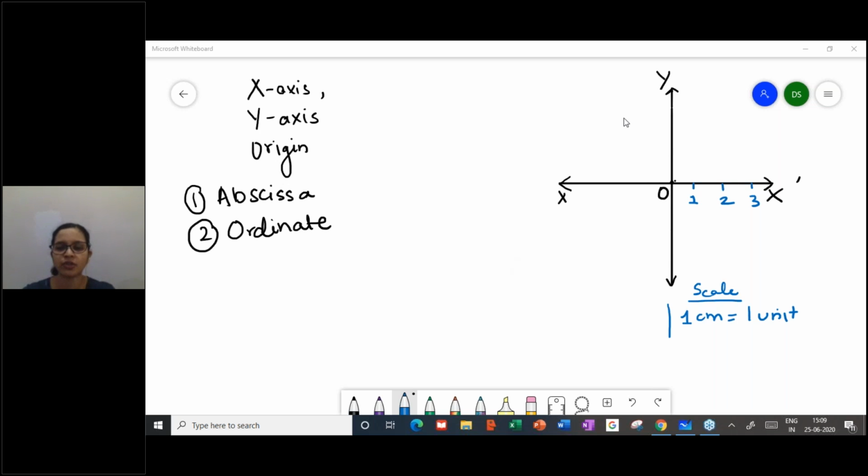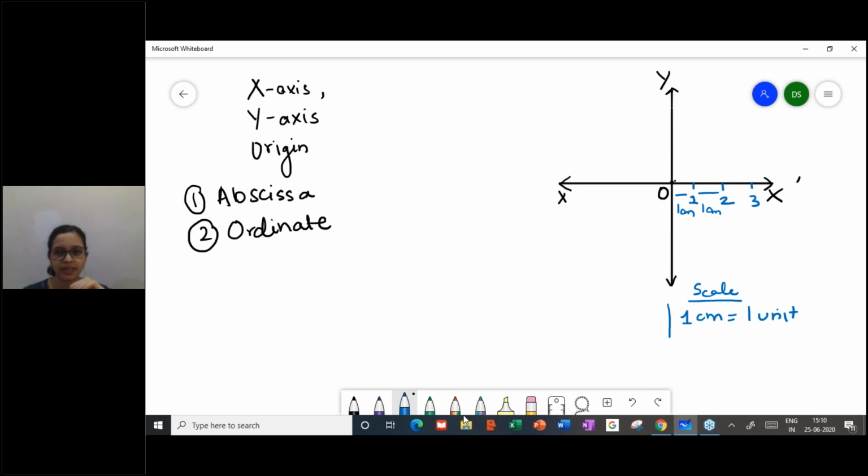Okay. So this is how you do it. The important point to keep in mind is that the units should be equidistant basically. So if you are taking this, should I just mark it with green pen? So if this is 1 centimeter, okay, yes, then this also should be 1 centimeter, right?